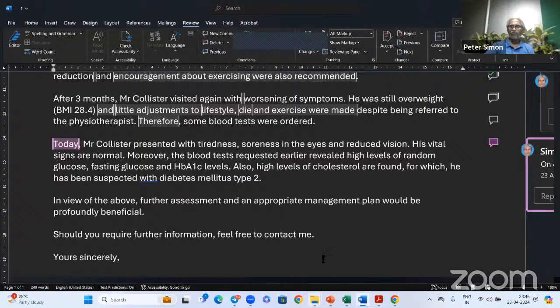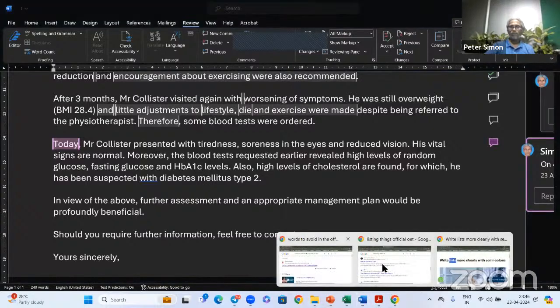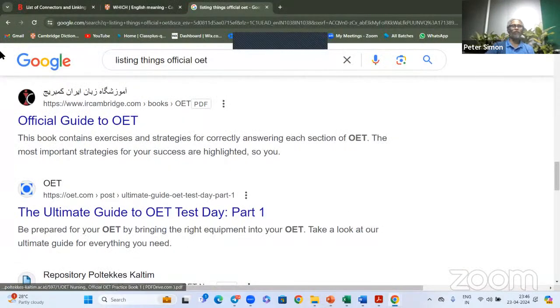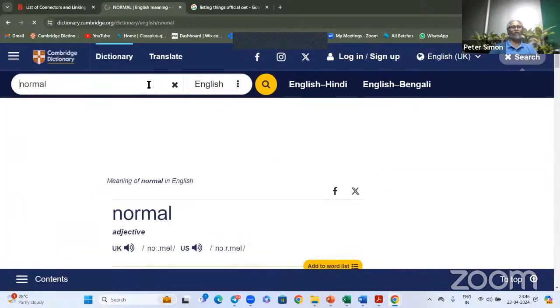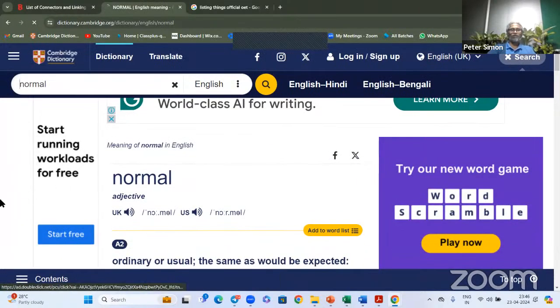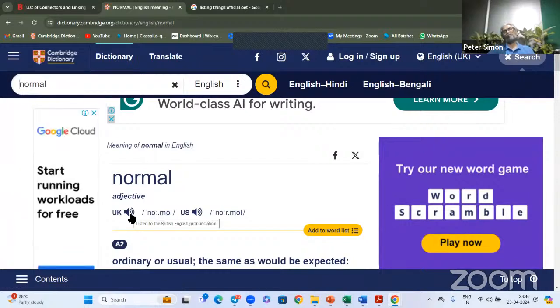What is the power of these words? Normal. What is the power of the word normal? It is A2. A2. A1 is 0 to 100 marks. Okay. A2 is 100 to 200 marks.